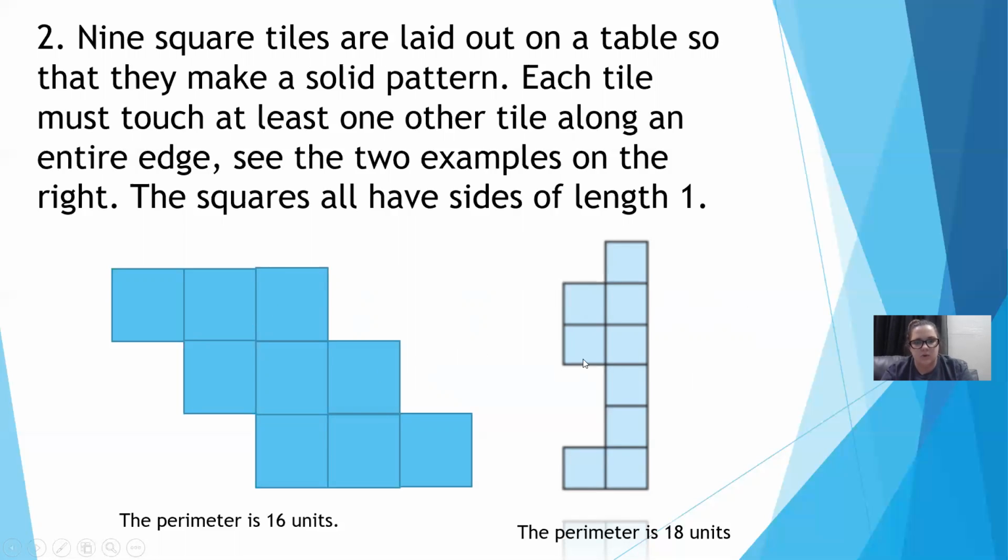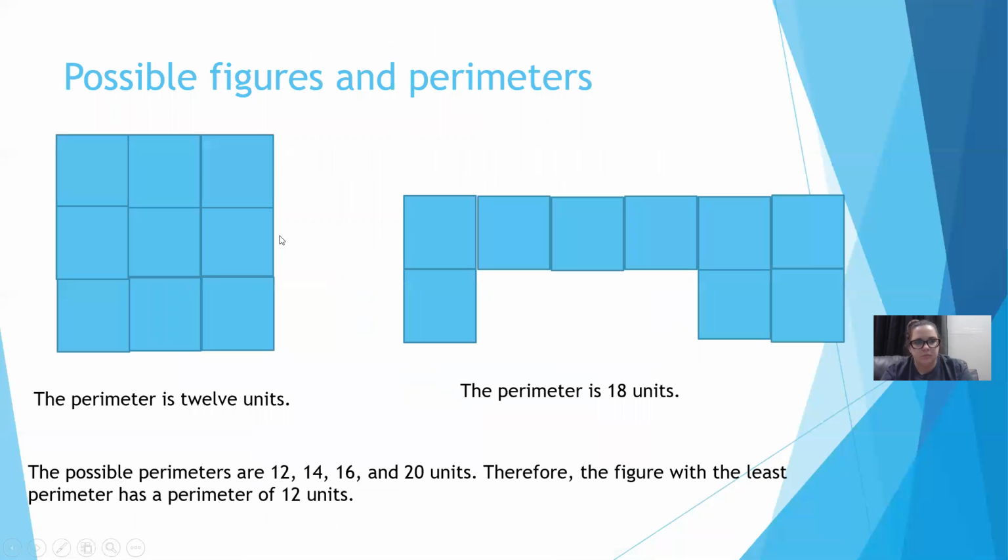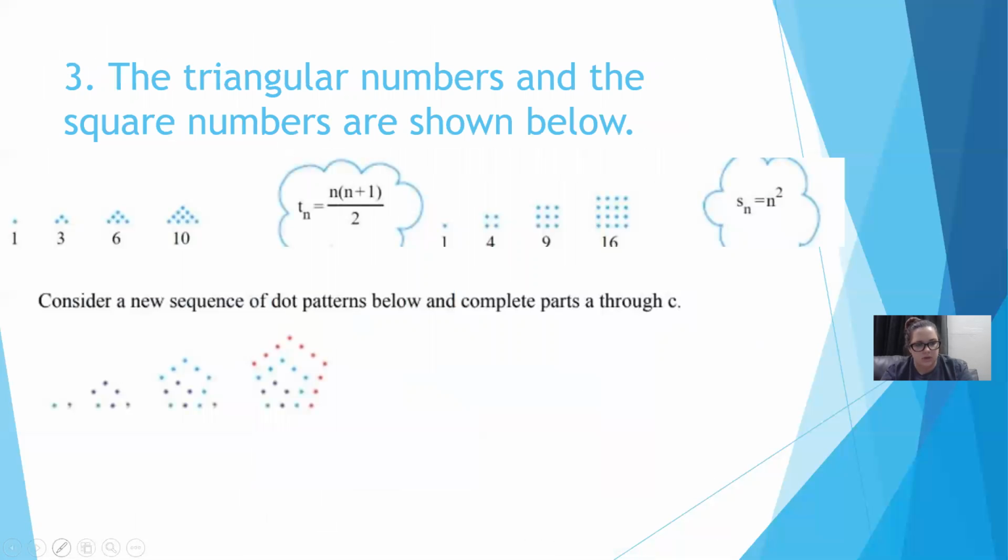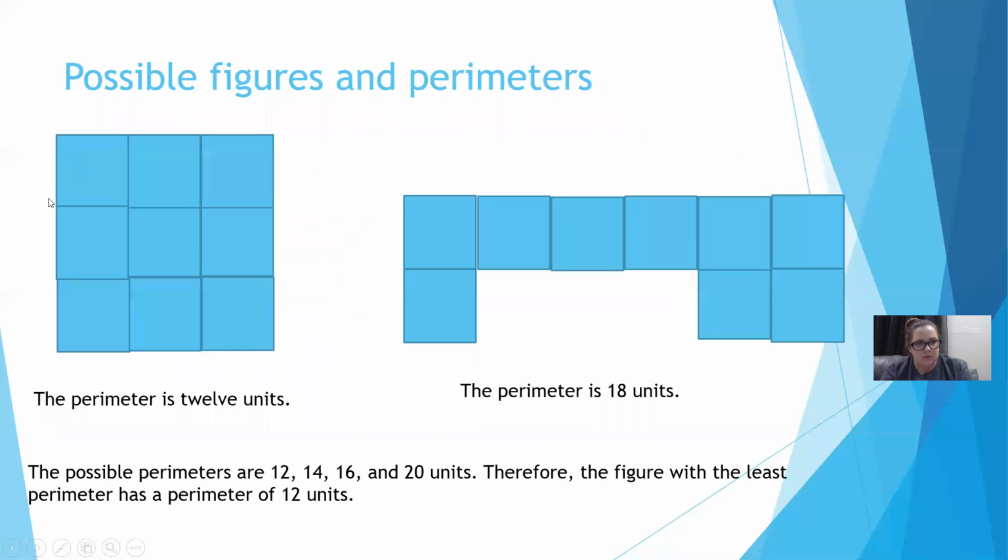These 9 square tiles can make multiple patterns. So if I did it like this, oops, sorry, 1, 2, 3, 4, 5, 6, 7, 8, 9, 10, 11, and 12. So the perimeter is 12.